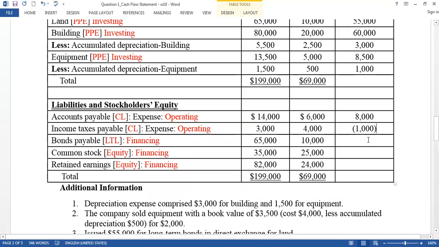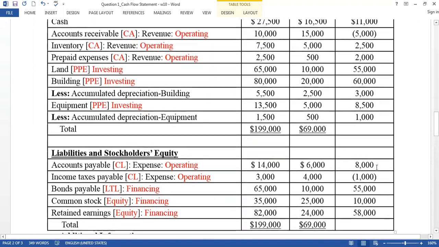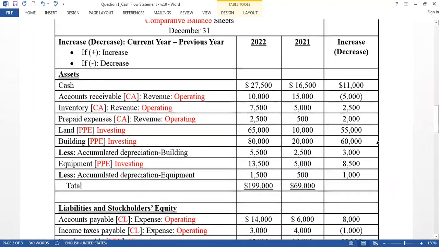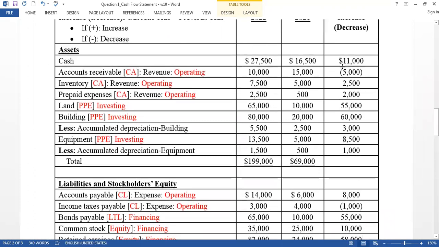And some other increase. So we do this kind of increase and decrease from the question paper. And this is the answer of this question.